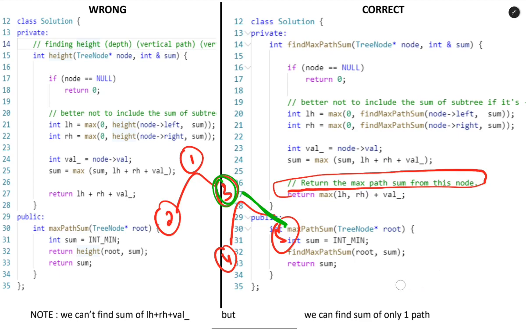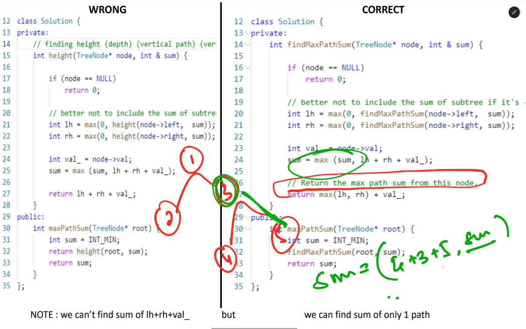But for the maximum sum in this line, it will be 5 plus 4 plus 3 plus 5, and initially whatever the sum was, I don't know. So it would take the maximum of that and this.